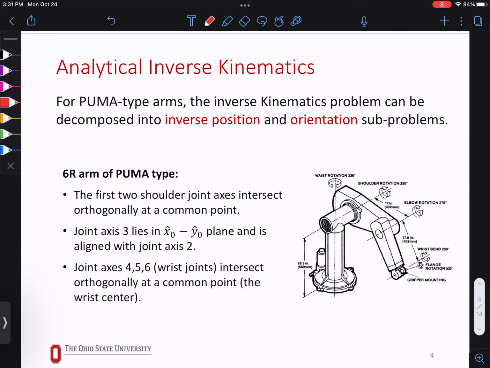We usually separate these two and solve them separately. Do you remember why we could do that? I talked about it. Why can we separate the wrist, the end effector, from the rest? Because the wrist will tell us the orientation, right?